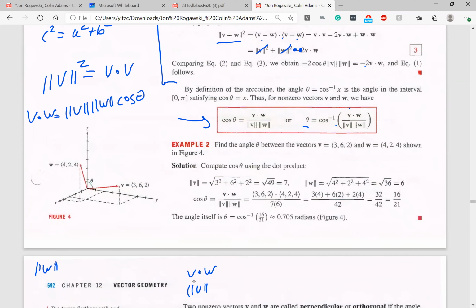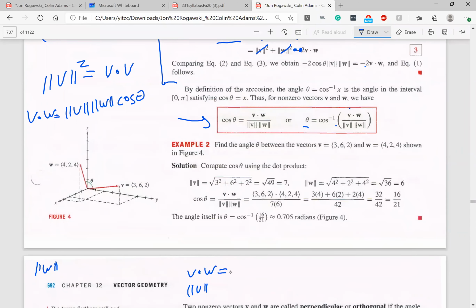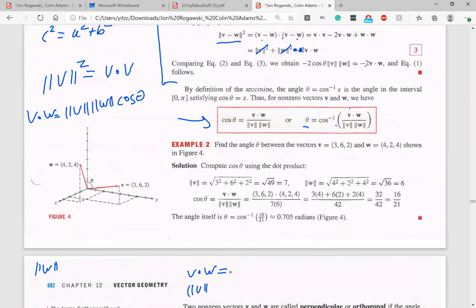So let's start with V dotted with W. V dotted with W over here is going to be 3 times 4, so that's going to be 12. Plus 6 times 2, so that's going to be another 12. Plus 2 times 4, so that's going to be 8. So this is going to be 32.